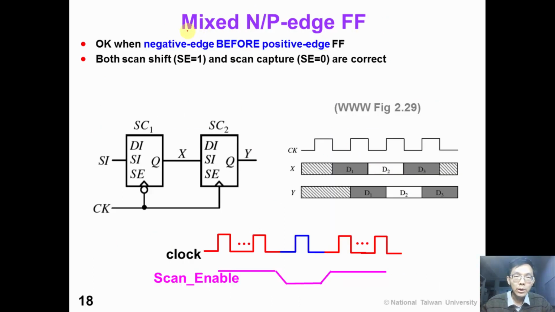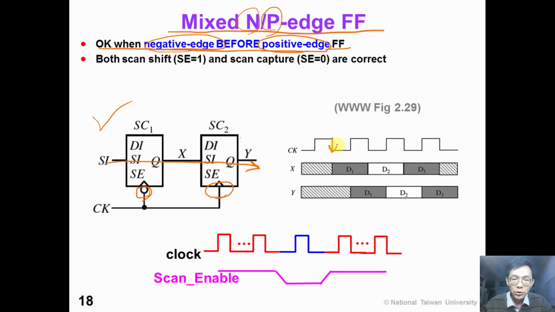However, when we reorder the scan cells, we need to take care of one thing. When we have mixed negative and positive edge trigger flip-flops in a scan chain, it is okay when the negative edge trigger flip-flop is before the positive edge flip-flop, but not vice versa. As is shown in this figure, we have a negative edge trigger flip-flop before the positive edge trigger flip-flop in a scan chain.